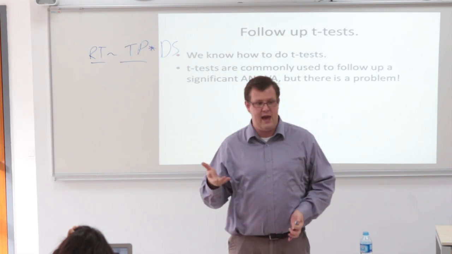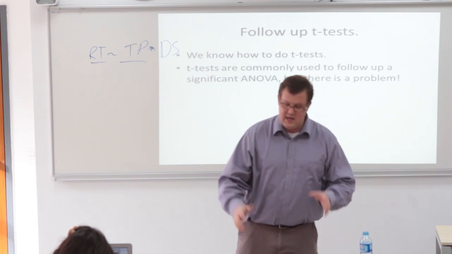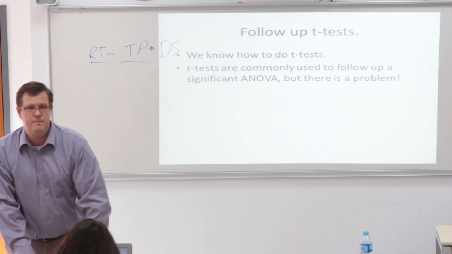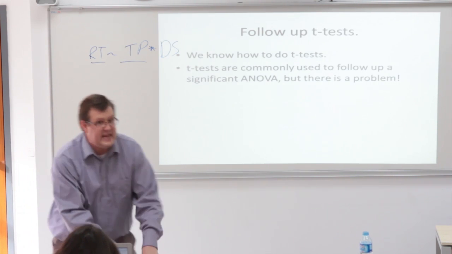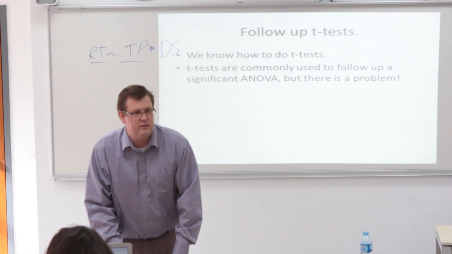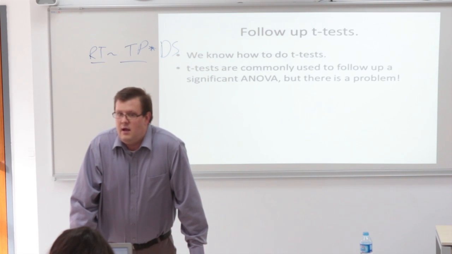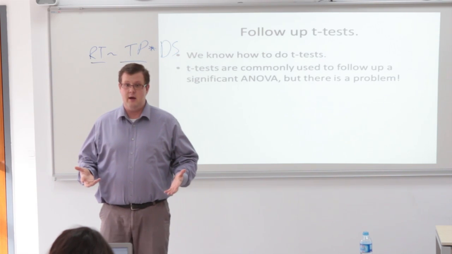Now when we specify alpha for a t-test, we're saying we want to limit our alpha error to this level. That sets the alpha level for each t-test to that level. So what happens if you run multiple t-tests? You will have more alpha error, potentially.